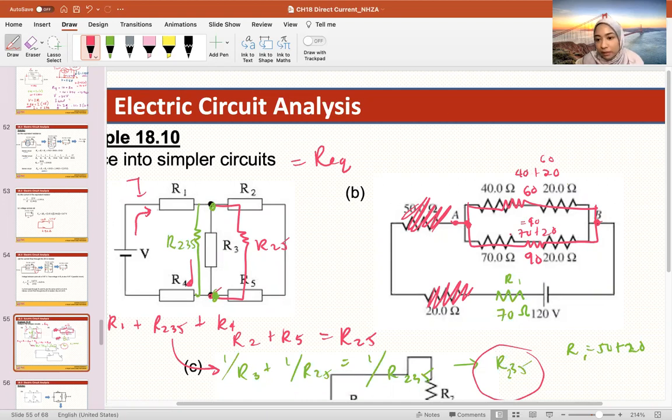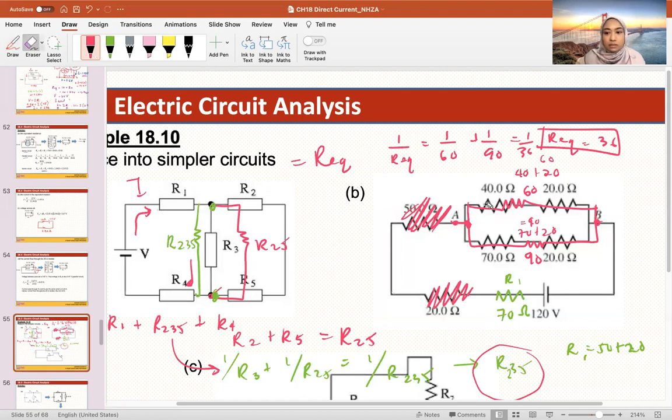Now to simplify this whole box, I need to add: 1 over R equivalent equals 1 over 60 plus 1 over 90. So that is my R equivalent. So 1 over 60 plus 1 over 90, then 1 divided by the answer gets me 36. So R equivalent is 36. This gives 1 over 36. So the R equivalent for this whole branch is 36.